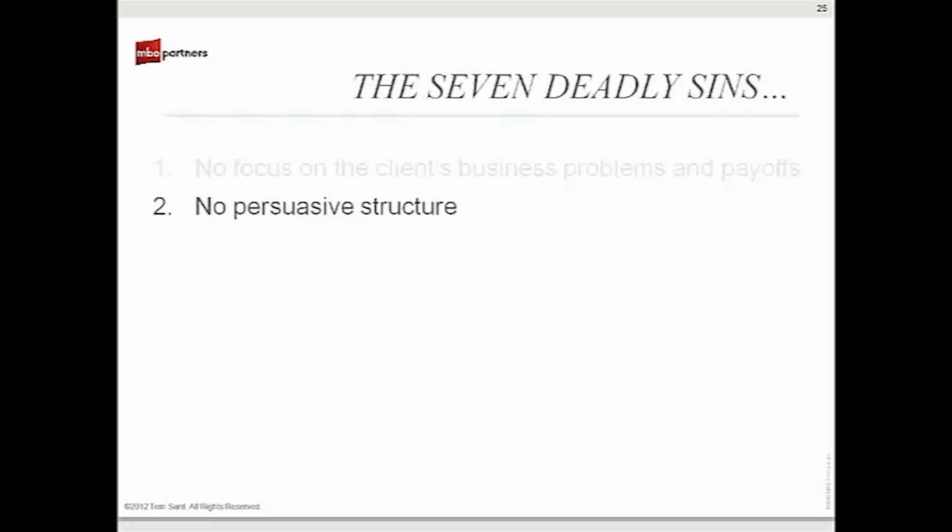Number two, we have not used a persuasive structural pattern. I'm going to show you this in a minute, but the fundamental point that I want you to walk away from this webinar with is that depending on why somebody is using our document, they expect to see certain kinds of content in a predictable order. Information doesn't work if we're trying to persuade.